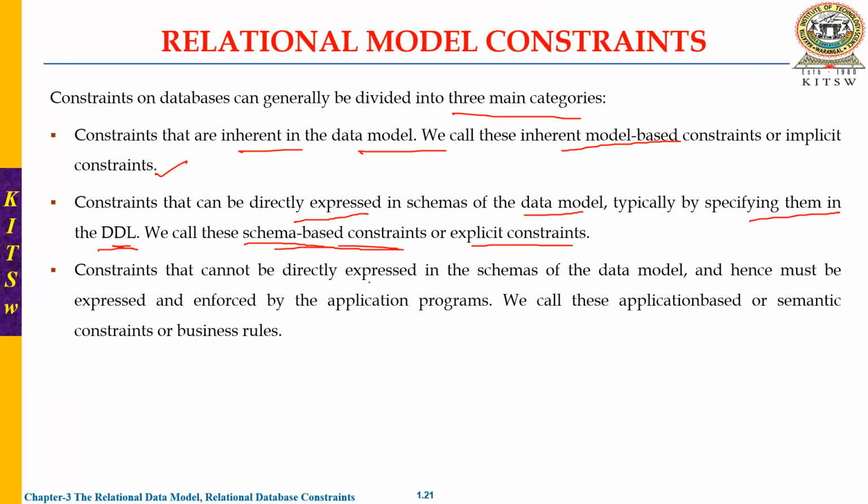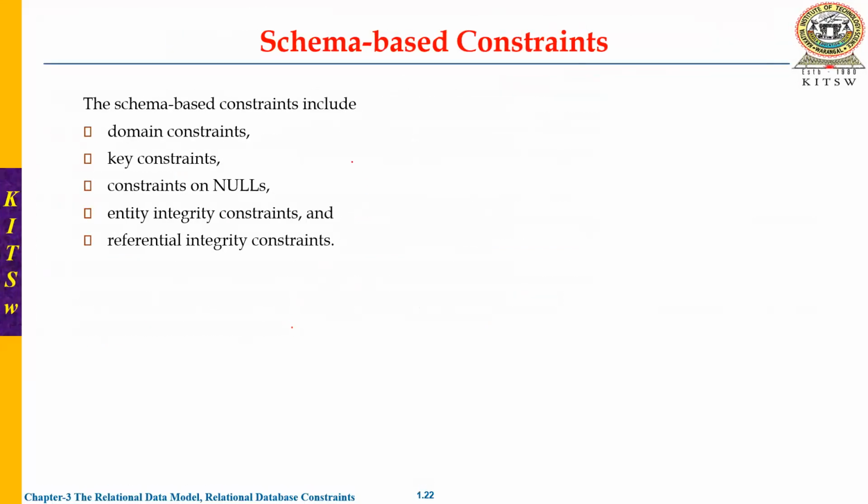Constraints that cannot be directly expressed in the schema of the data model, and hence must be expressed and enforced by the application program, we call application-based or semantic constraints, or business rules.